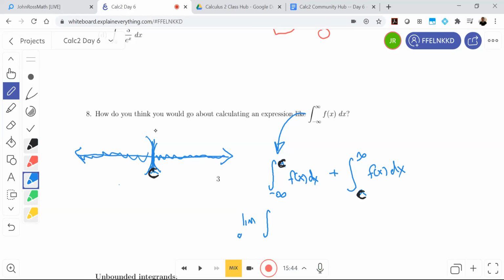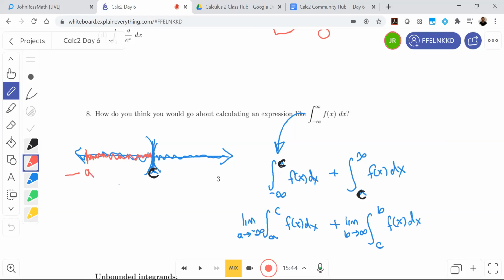Notice this first piece, this infinite integral in the direction of negative infinity, can become the limit as A goes to negative infinity of the integral from A to C of f of x dx, plus the other improper integral, which can become a limit as B goes to positive infinity of the integral from C to B. So if our favorite number is C, then we take this one infinite side as the integral from A to C, and we let A get dragged down towards negative infinity, and simultaneously we consider the integral from C to B, and we let B get dragged towards positive infinity.